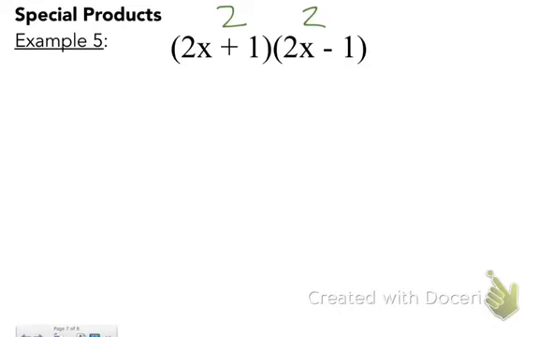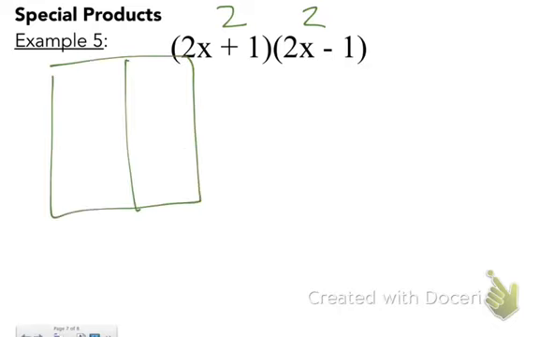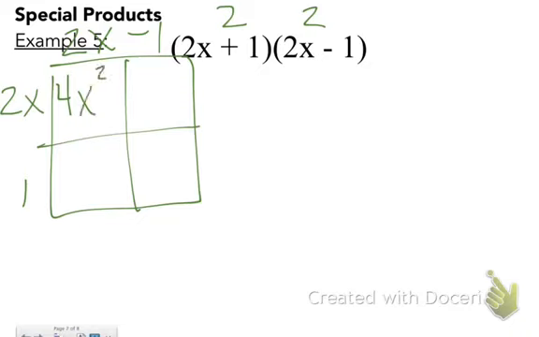So I need a 2 by 2, 2x and positive 1, and 2x and negative 1. 2x times 2x is 4x squared. 2x times negative 1 is minus 2x. 1 times 2x is positive 2x. And 1 times negative 1 is negative 1.